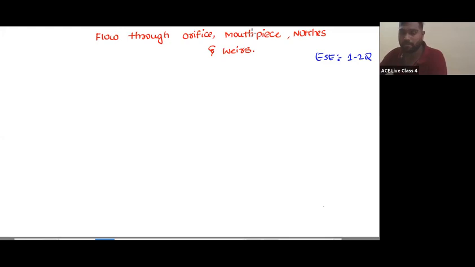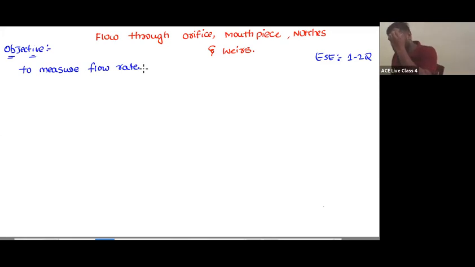So the main purpose, the objective of this chapter, is to measure flow rate.